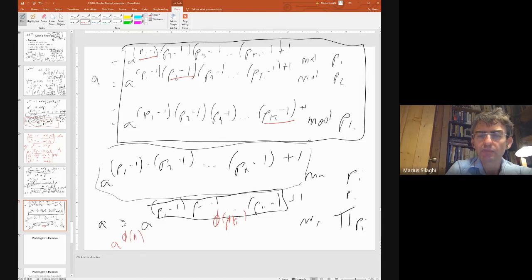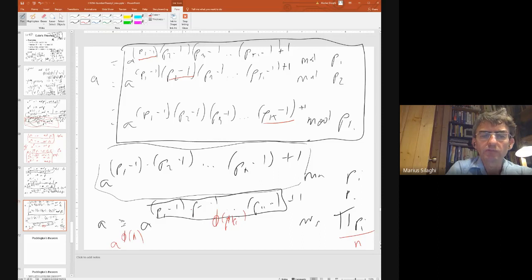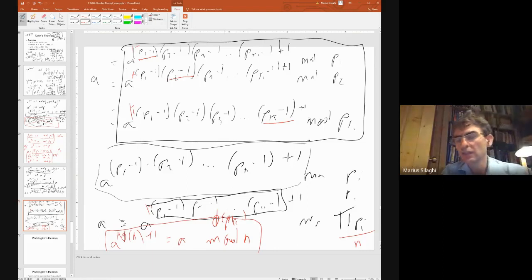So the product of Pi was n, times any k, that doesn't disrupt anything, plus 1 will be equal to A mod n. And this is the final proof of the RSA generalization of Fermat theorem, of Euler theorem.